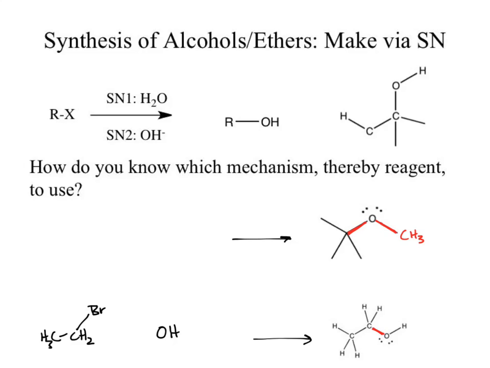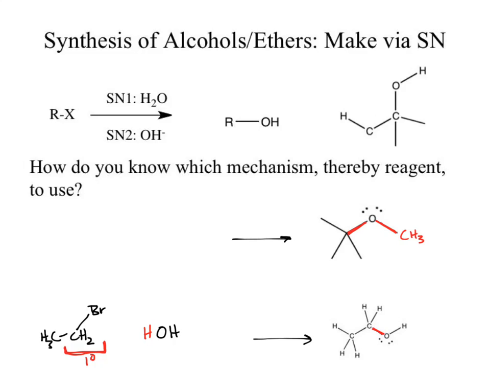Now do I add it as HOH or water, or do I add it as OH minus? How do I decide? Look at the substrate. The substrate is primary. Okay. Under primary conditions, what do I want for my nucleophile?